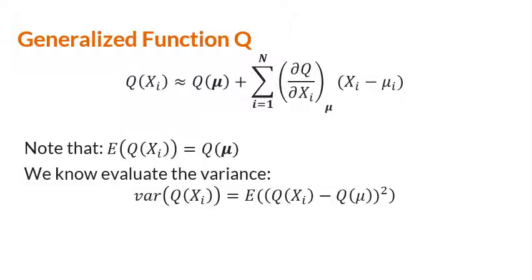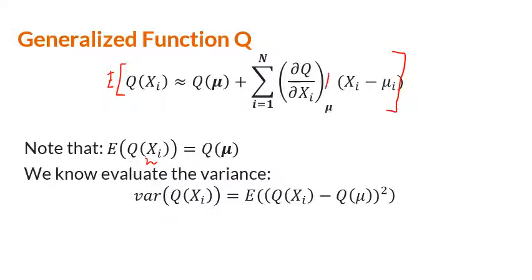We now proceed to calculate the expectation value of your generalized function Q. So first, what is the expectation value of your generalized function Q as a function of your variables x sub i? So note that if we take the expectation value of this whole thing, for your second term, evaluate natin yung expectation value nito. This is a constant.